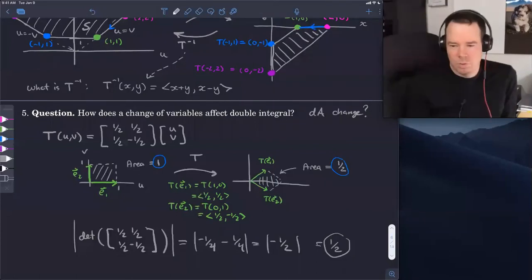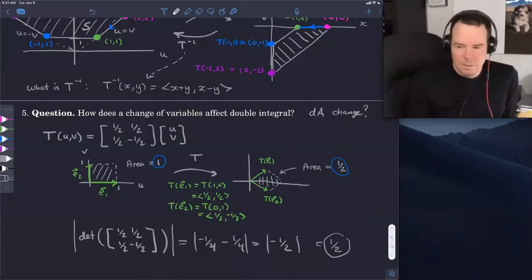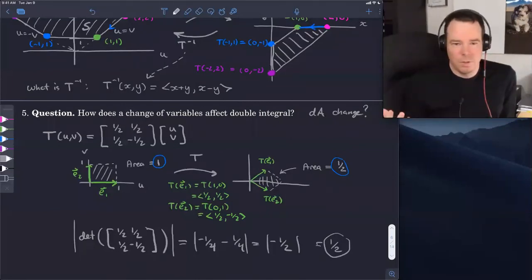But then in my picture on the right, they've been reversely oriented. The image of E2 is now on the other side of E1. So there's this change in orientation, that's the negative sign. But the orientation change is not going to affect our volume or our area, in this case area. Area is just the magnitude of the determinant and how that got changed. And this is a half.